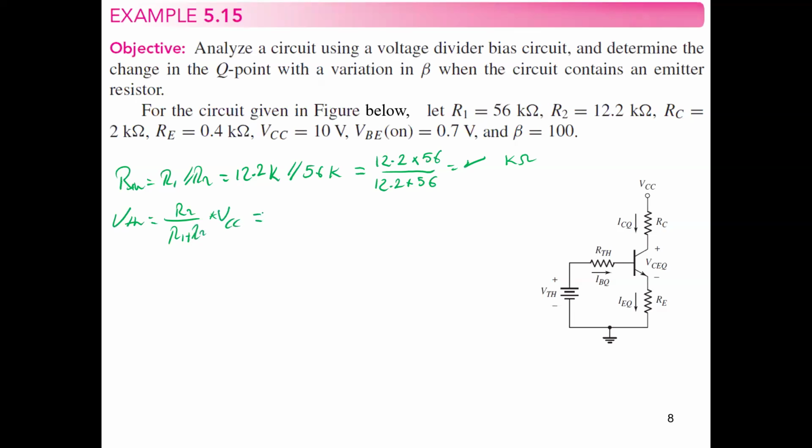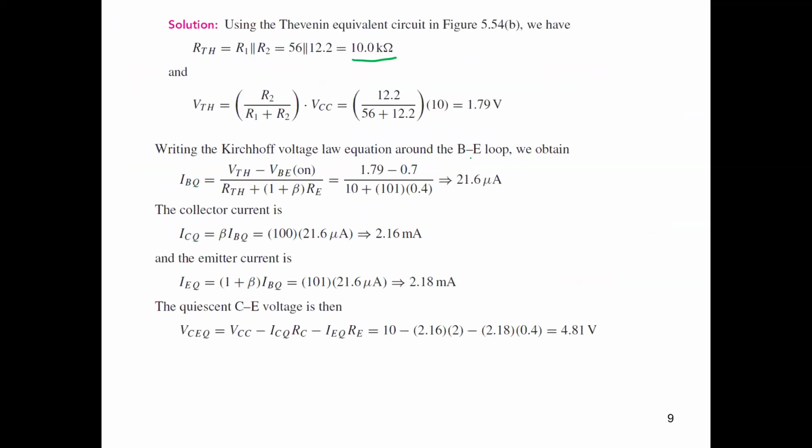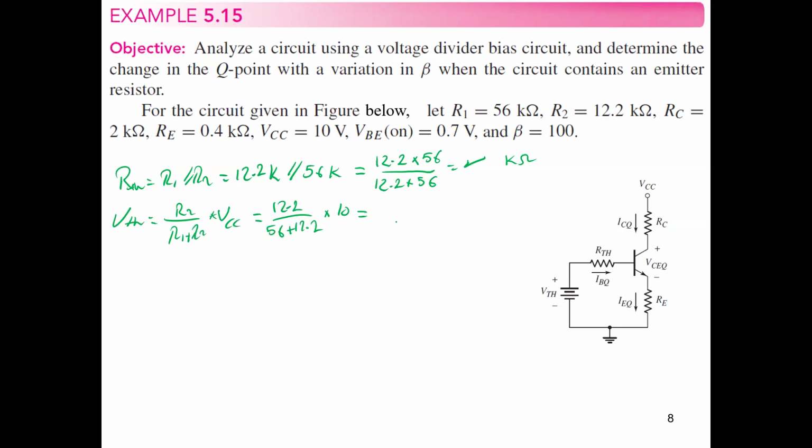So this is going to be now 12.2 divided by 56 plus 12.2 times VCC, which is 10 volt. If you do that, you will get the value here, which is 1.79 volt. Okay, so again, this is our V Thevenin. Now, put these values right here, R Thevenin and V Thevenin, and start doing the analysis.